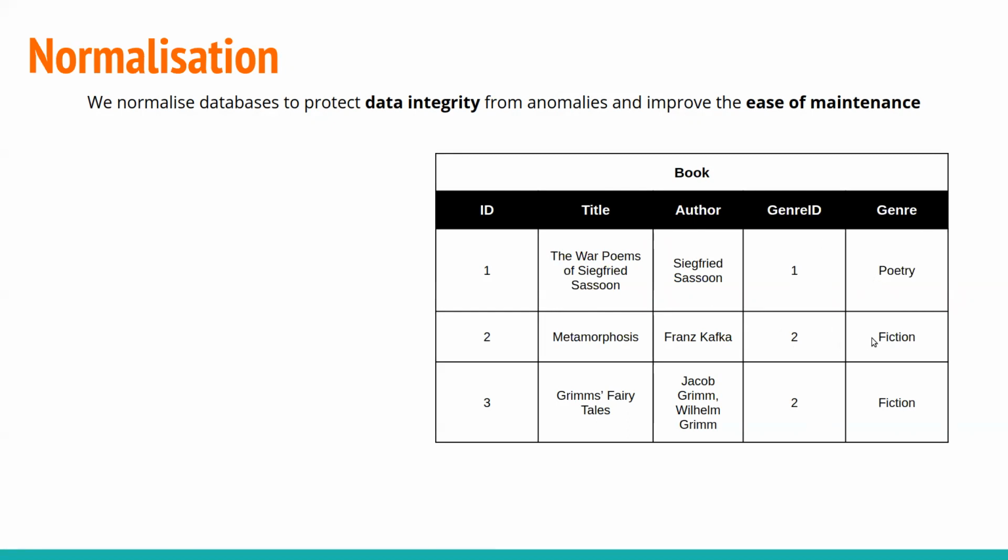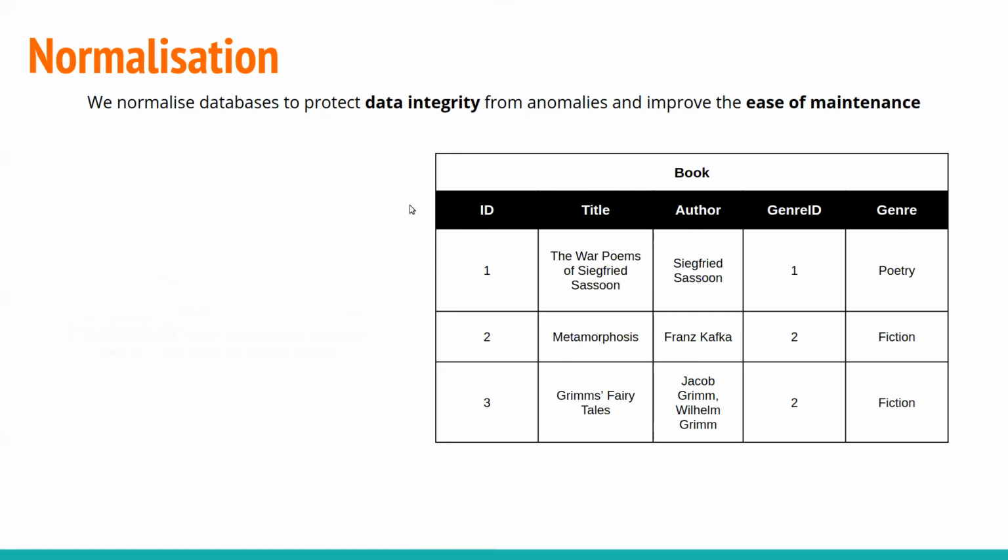Genre 2 is fiction. You can see we've got 2 fiction here, and both of them have the same genre ID. We've got a title and we've got an author. But notice how we're only dealing with one table now. Our database just has one table, just to keep things simple.